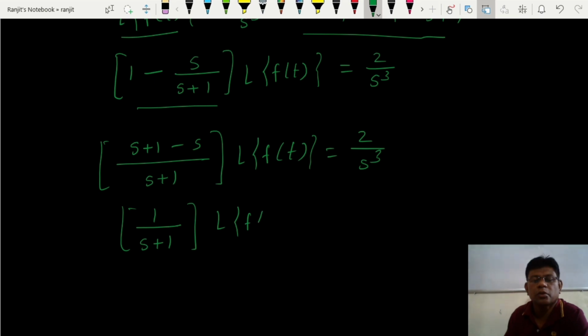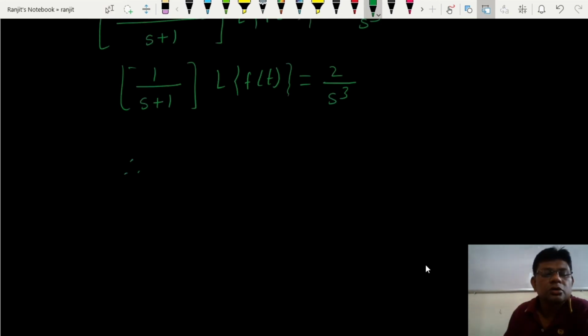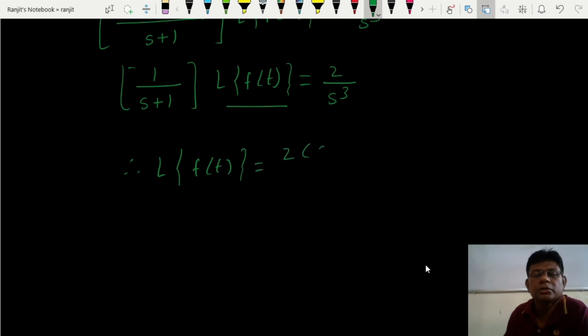Laplace transform of f of t equal to 2 upon s to the power 3. So therefore this L of f of t is equal to 2 times s plus 1 upon s to the power 3.